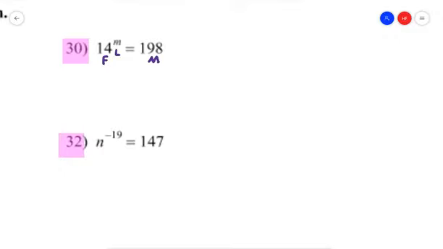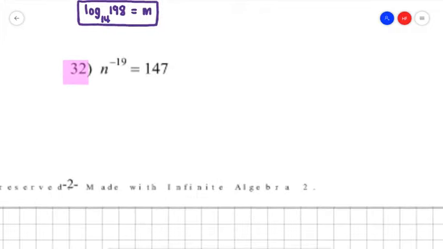So it just means our base stays our base and the other two will switch sides. So we've got log base 14 of 198 is equal to m. And log base n of 147 is equal to negative 19.